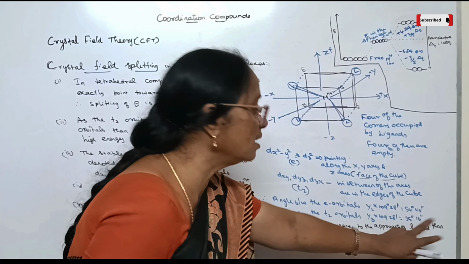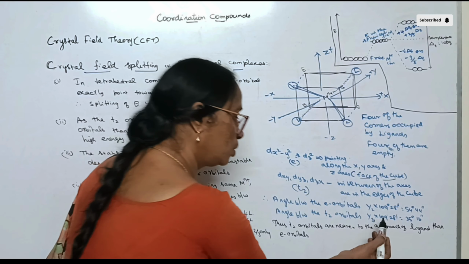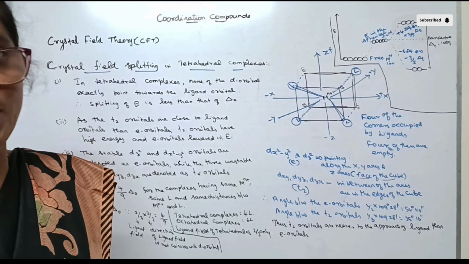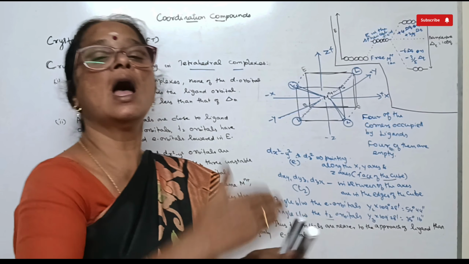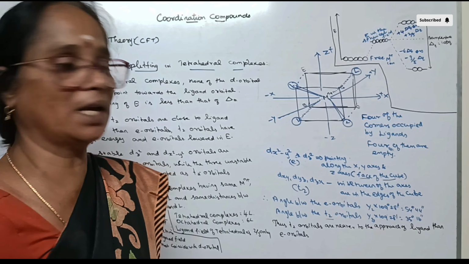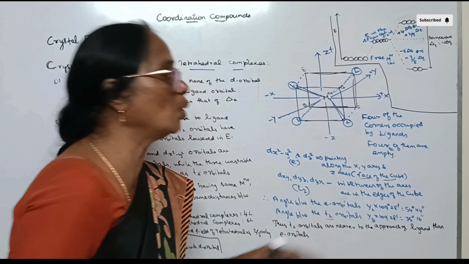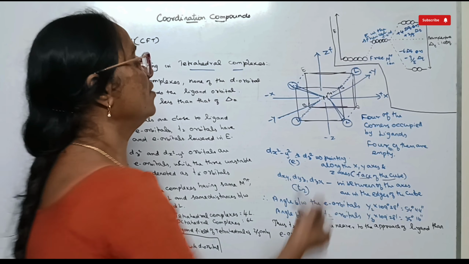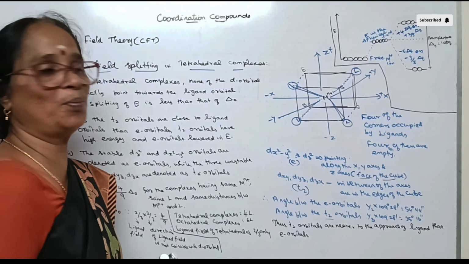As this angle is lower, the ligands are very close to the T2 orbital rather than the E orbital. But the E orbitals, having higher energy away from the ligand orbital, experience less repulsion, therefore are lowered in energy. So based on this calculation, we can write the crystal field splitting in tetrahedral complexes.